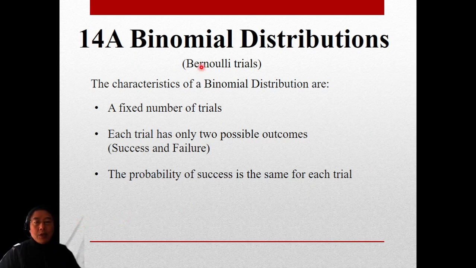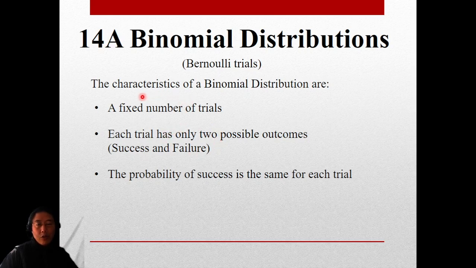Okay. So a binomial distribution. It's also called Bernoulli, which is the name of the mathematician that was related to it. So the characteristic of a binomial distribution, binomial is 2, so it's a situation when you only have one success, one failure, so only two possible outcomes.